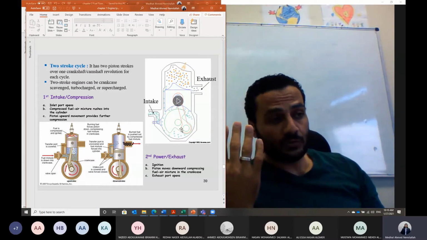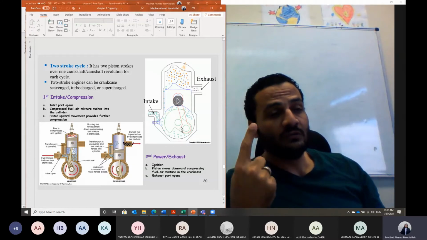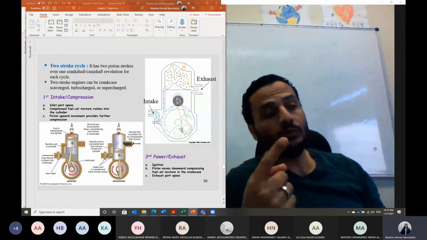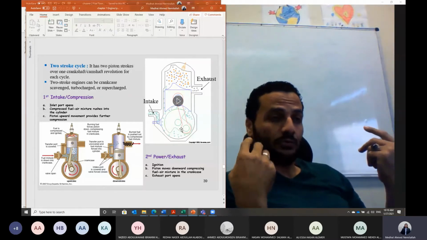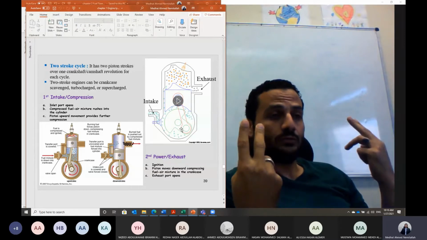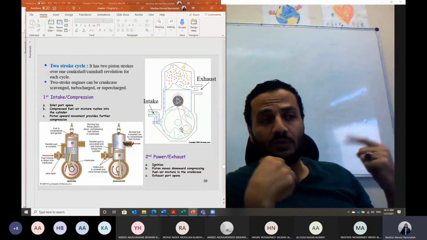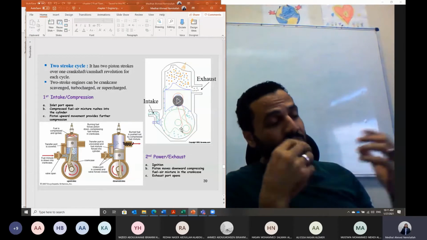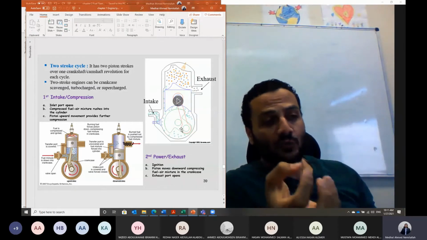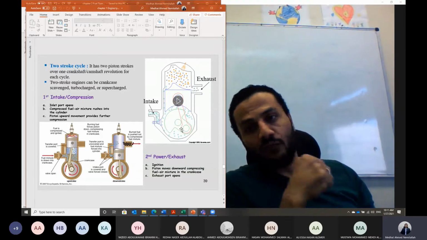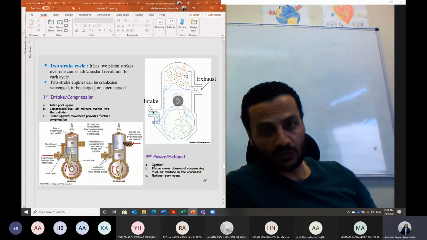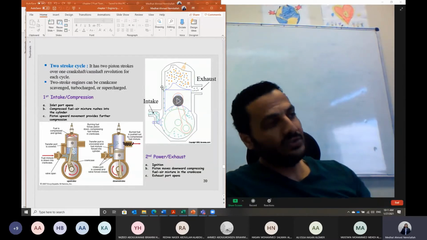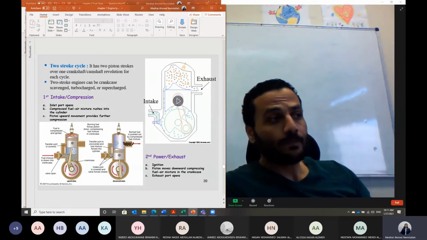But in case of 4-stroke, it produces 1 power stroke for each 2 revolutions. The 2-stroke produces 1 power stroke for each 1 revolution. That means the 2-stroke engine is more powerful than the 4-stroke because it can produce double the power. But the 2-stroke engine, Shabab, has a different problem.